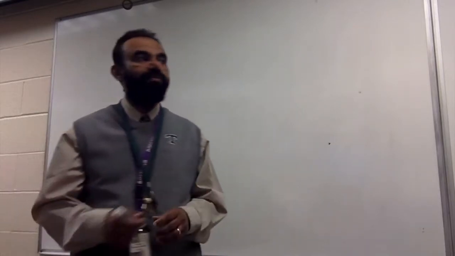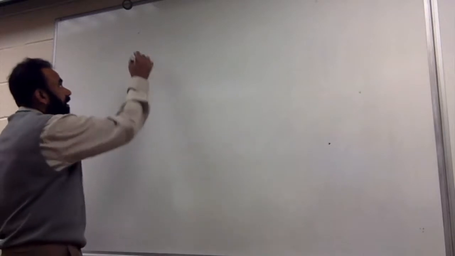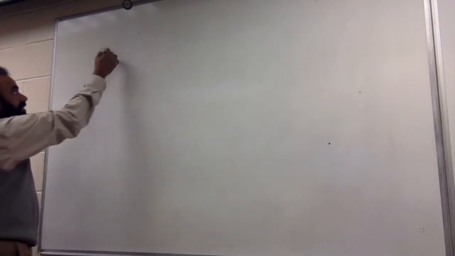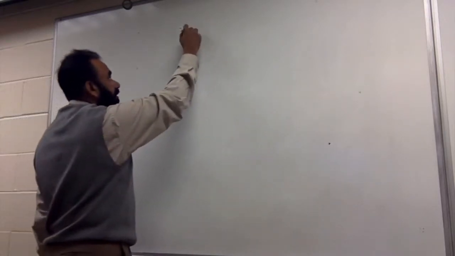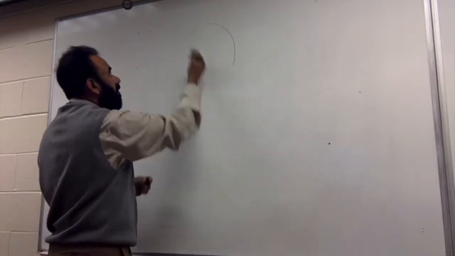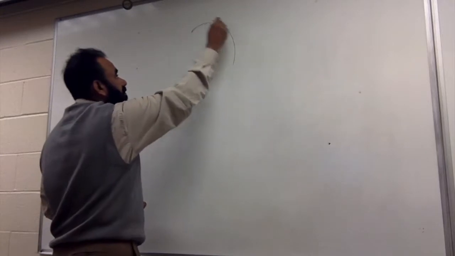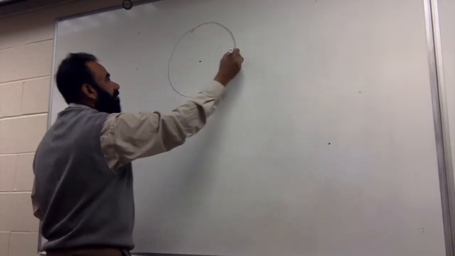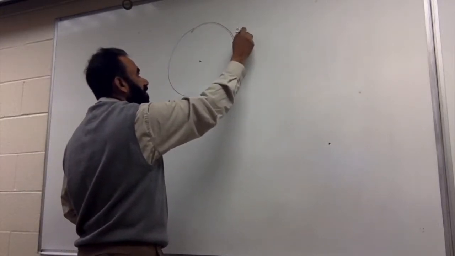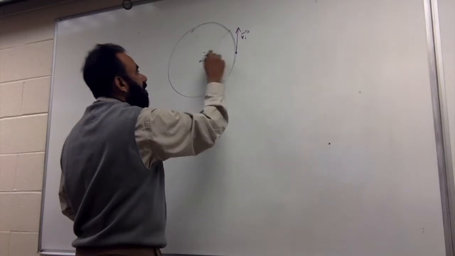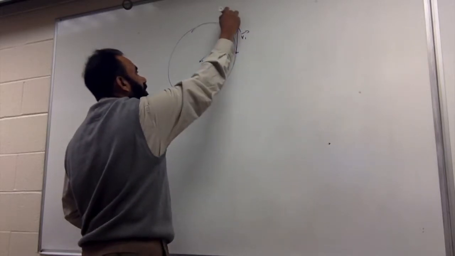And for uniform circular motion, some of the common equations. So you know this. All right, so we have an object going round and round, so it has a velocity v1 and it has a velocity v2 over here.